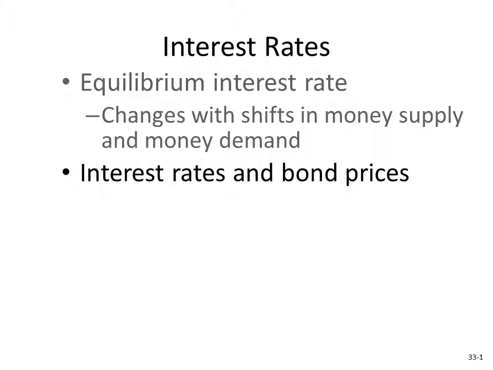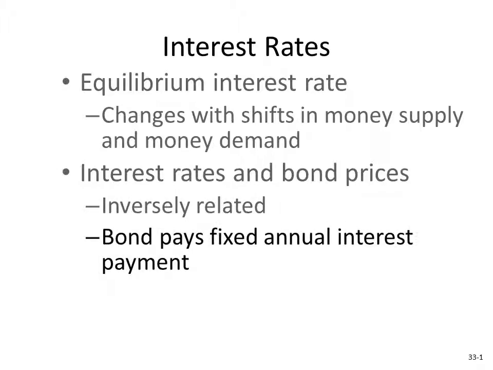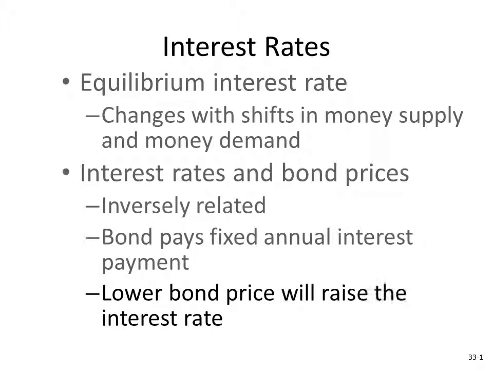Right. So why is there an inverse relationship between the bond prices and interest rates? Well, assume for a minute that you bought that 10-year Treasury bond on January 1st of 2005, and it was yielding 3%. That was the interest rate, right?